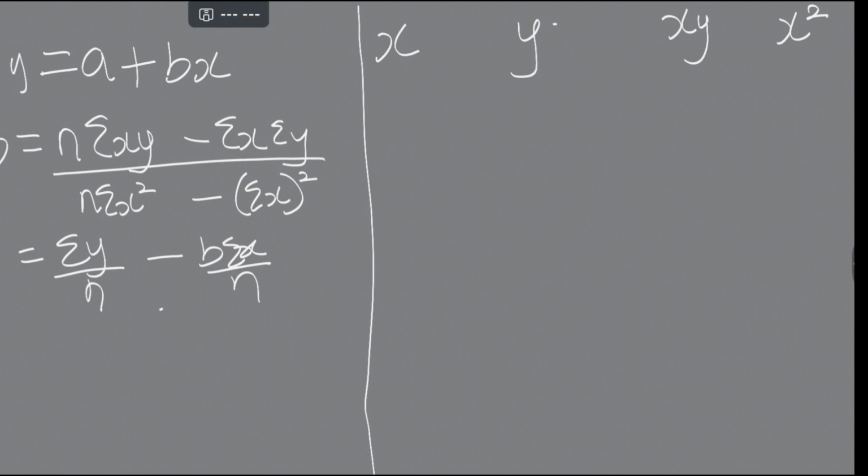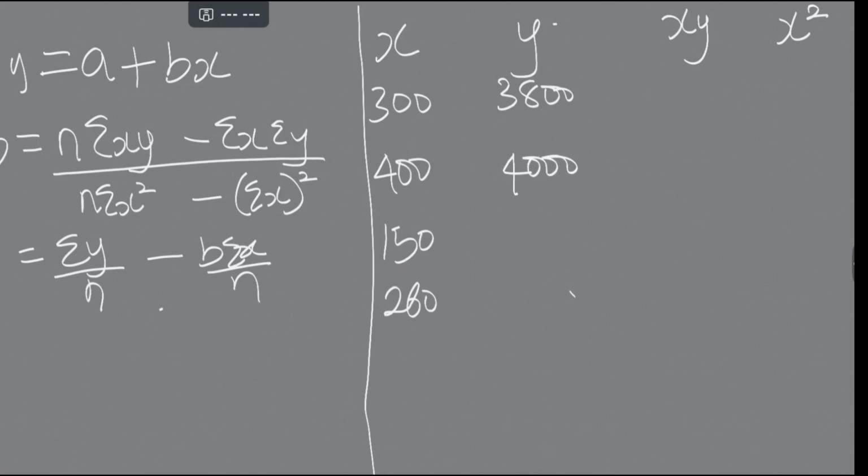Our units are 300 for the first month, 400 for the second month, 150 and 260 for the third and fourth month respectively. And our total cost is 3,800, 4,000, 3,000, and for the fourth month 3,500.